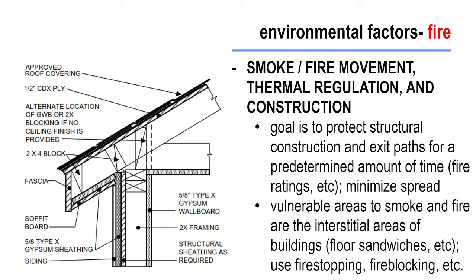Fires can often start behind the walls or inside of them, and so that's why we'll often have fire stopping and seals for openings and joints, just to prevent fire from going further in that wall than it needs to. Fire blocking is also another technique that we may use to help prevent fire from spreading, which is just additional horizontal pieces of lumber between studs to help slow down the fire.